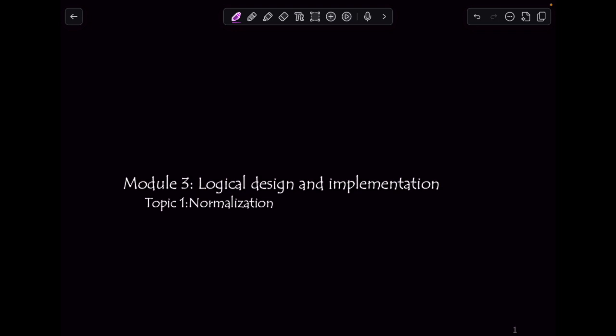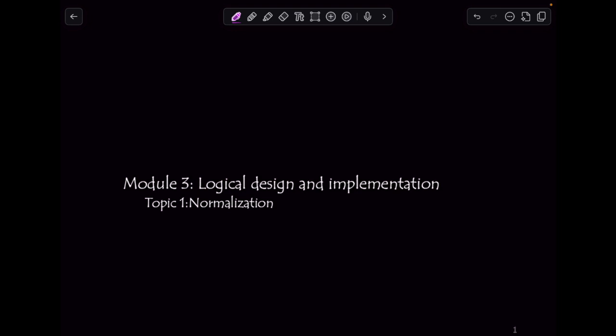Since it's in the middle between conceptual model and logical model, some people say normalization is part of conceptual modeling, the very end point of conceptual modeling. Some people say normalization is just the starting point of the next step, logical design. But I include normalization as a topic part of logical design.